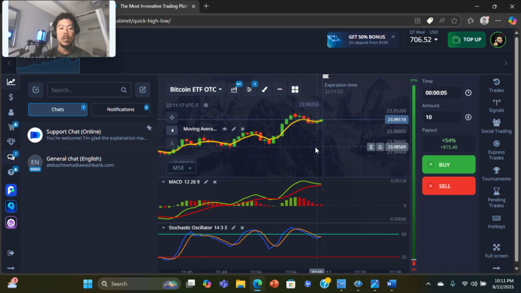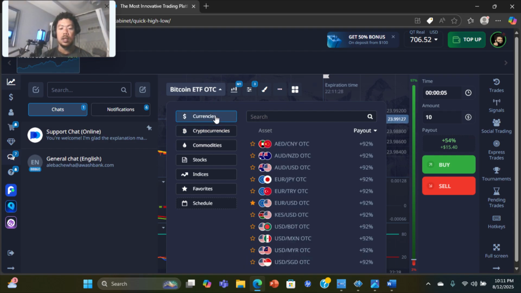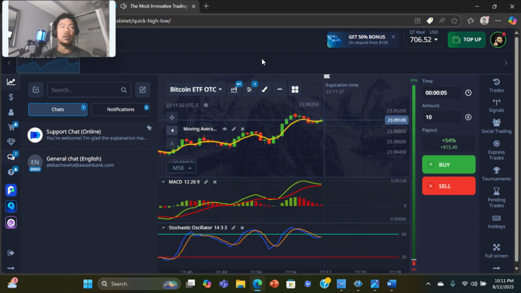I also take into consideration the asset, if it's a cryptocurrency or foreign currencies, which move a little slower, like the Euro USD I typically use. All of that is taken into consideration.